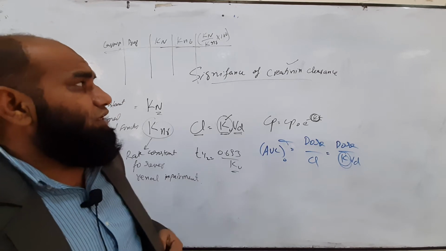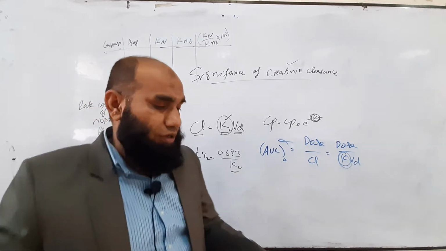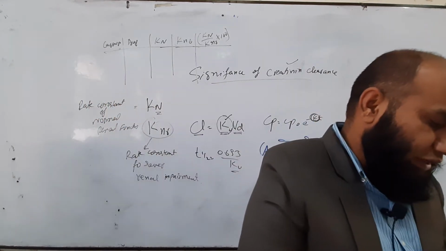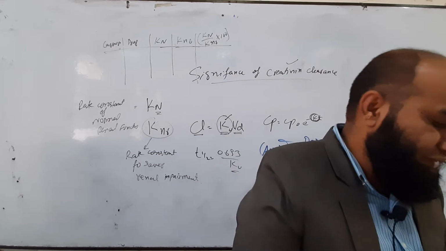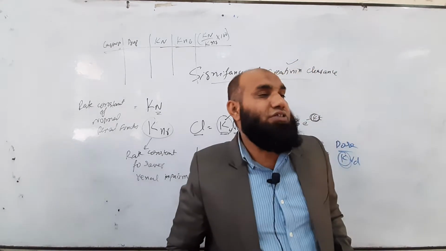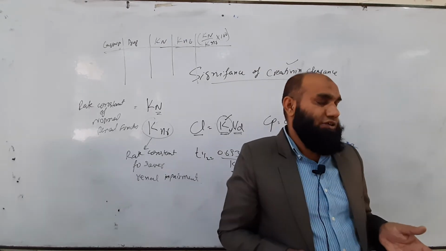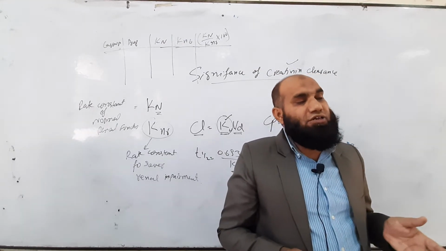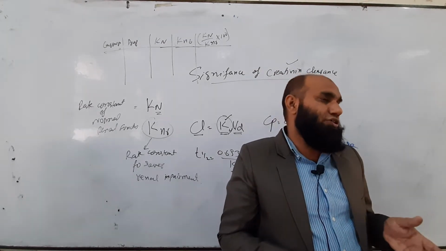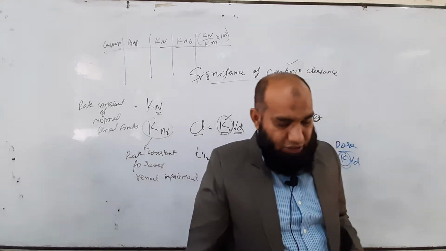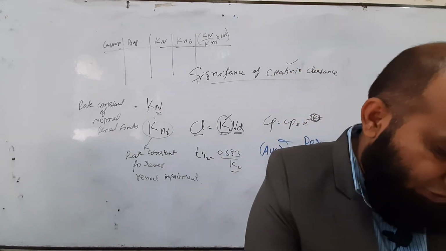Another concept is how we can correlate clearance with glomerular filtration. Glomerular filtration rate is a parameter which gives us the actual concept of clearance, and there is a direct relationship between glomerular filtration rate and clearance.